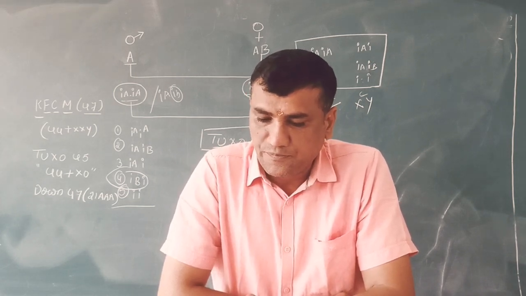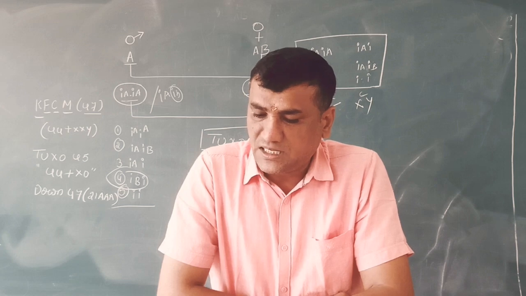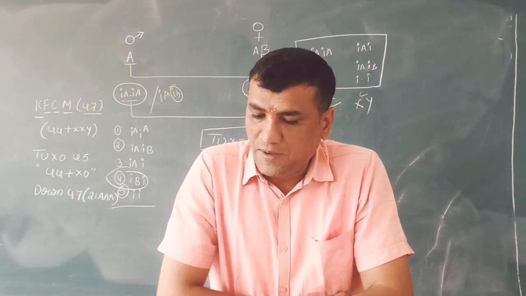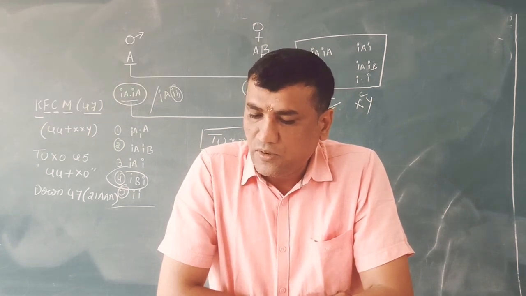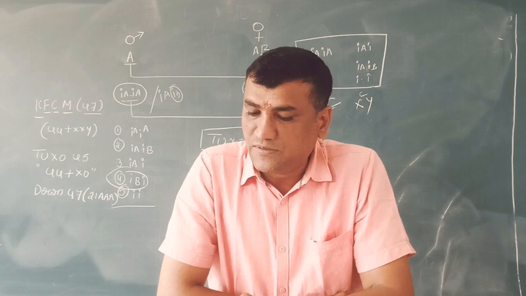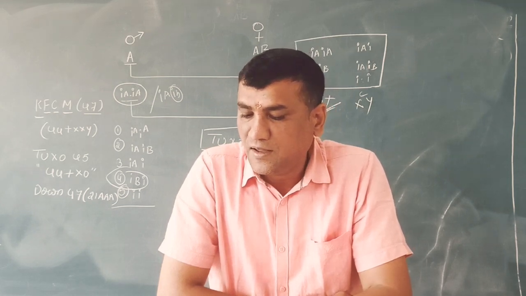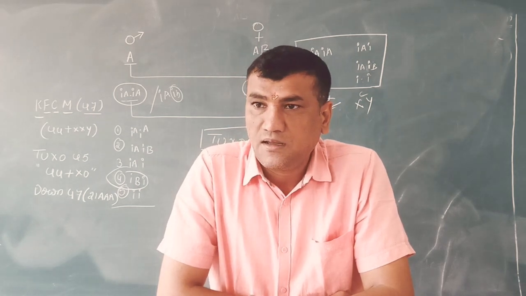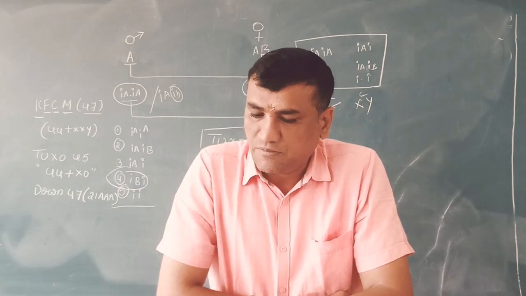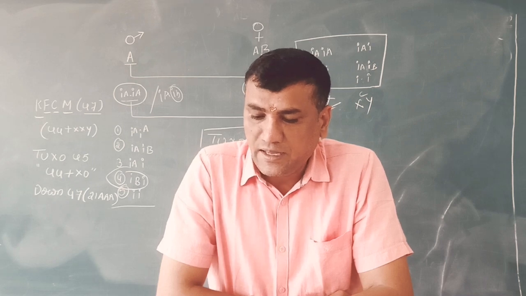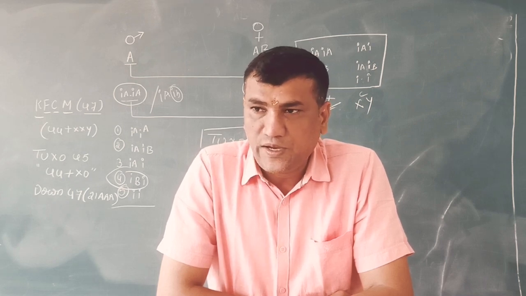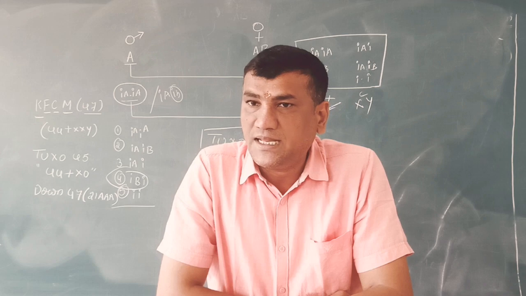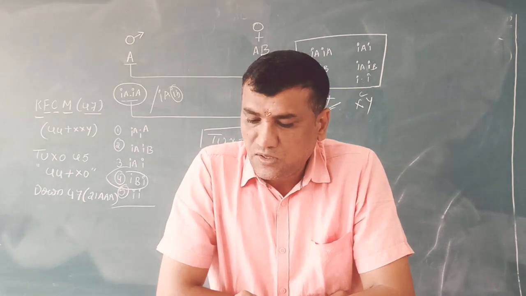Study the pedigree chart of a certain family given below and select the correct conclusion which can be drawn for a character. Here the square indicates father, the circle indicates mother, and here 2 females are affected and 1 male is affected.